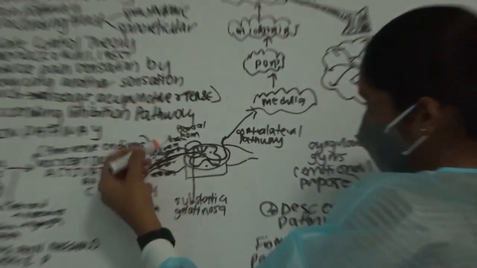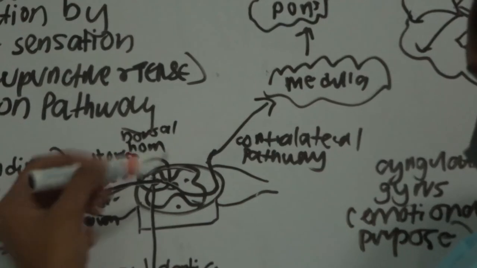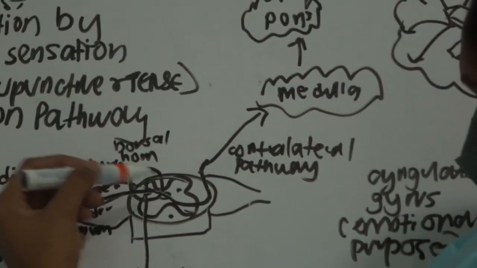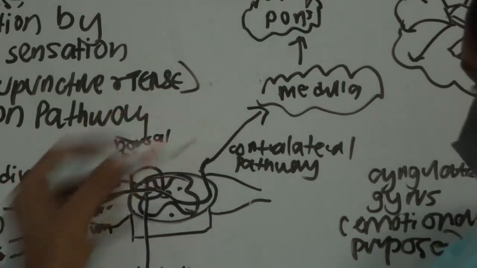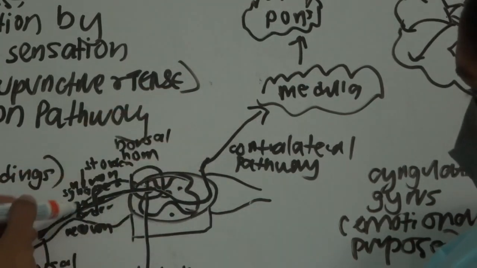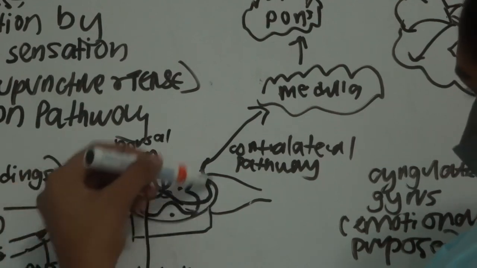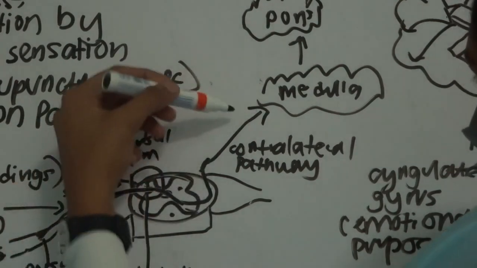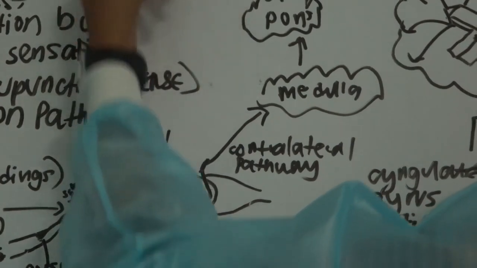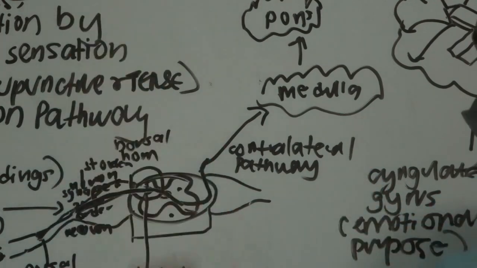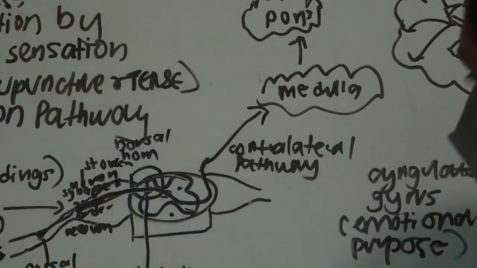The fiber will pass from the dorsal horn to the lateral side via the contralateral pathway. The fiber goes to the lateral side, passes to the medulla, then to the pons, then to the midbrain, and from the midbrain to the thalamus. That's the pathway we call the spinothalamic pathway.